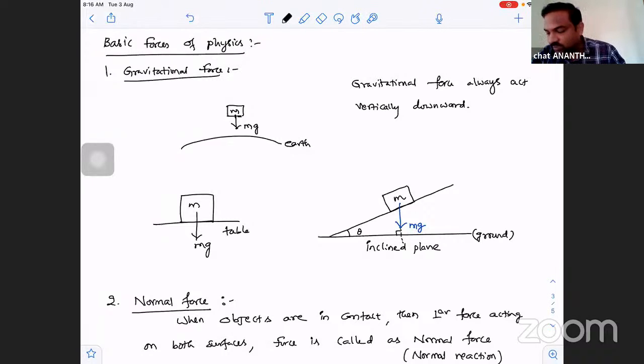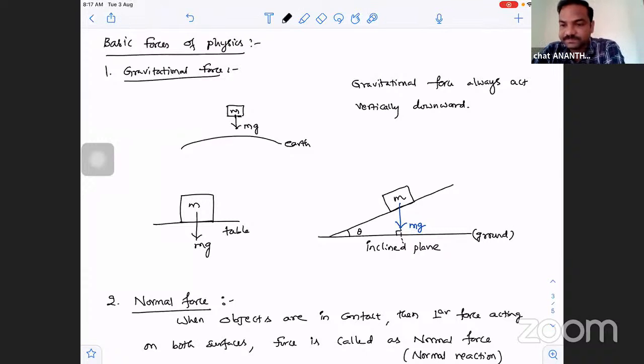Right now I'm saying vertically downward, but as we move forward, things will change. As you gain maturity in the subject, after some time I will say that the gravitational force will act towards the center of the earth. Right now, what you have to remember is that it is always acting vertically downward towards the ground.